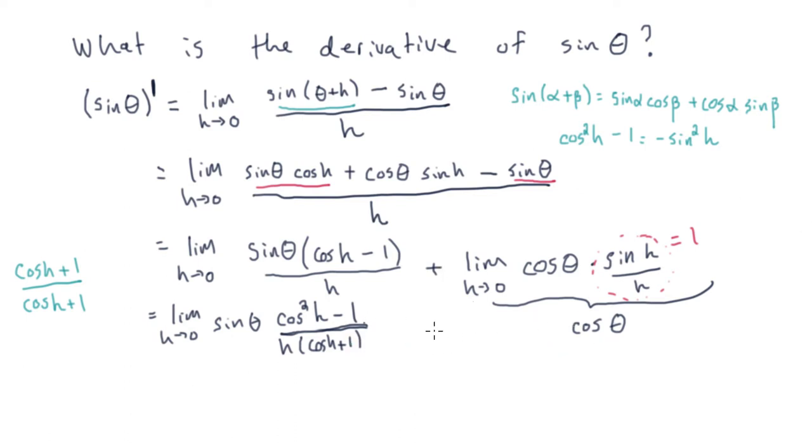Okay, so this is plus cosine theta. So this limit I can write as, so of course this is plus cosine theta.